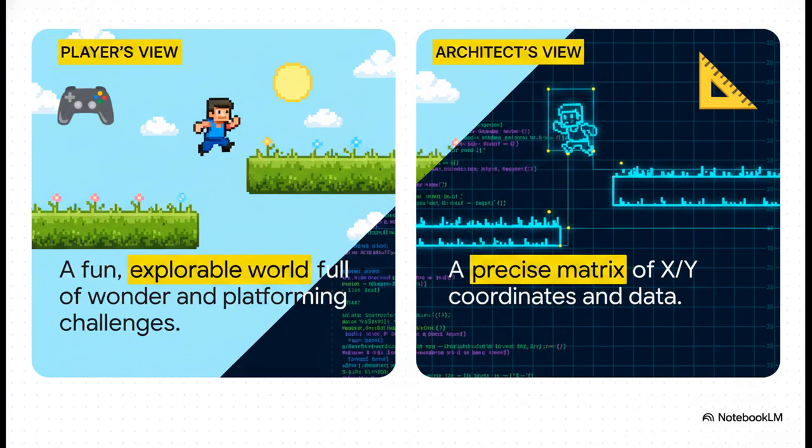On one side, you have the player's view, right? A fun, explorable world packed with wonder and tricky platforming challenges. But on the flip side, you have the Python architect's view. To the person coding it, this beautiful, lush world is literally just a precise X and Y coordinate plane. It's a matrix of raw data, dictating exactly where graphics are drawn and where collision detection happens. Honestly, the real magic of game development is making all that rigid math feel like a seamless adventure.